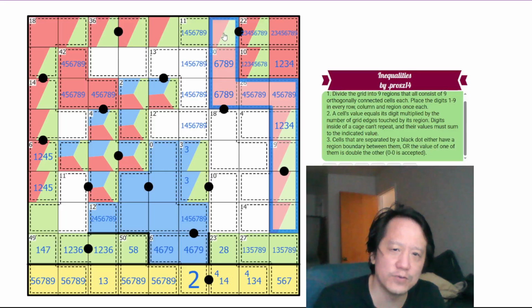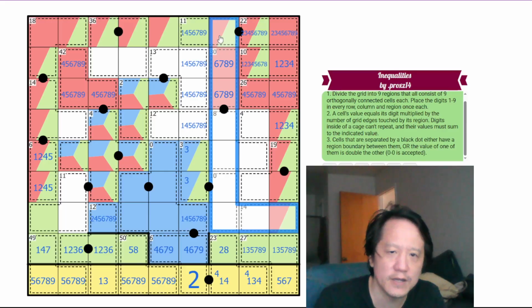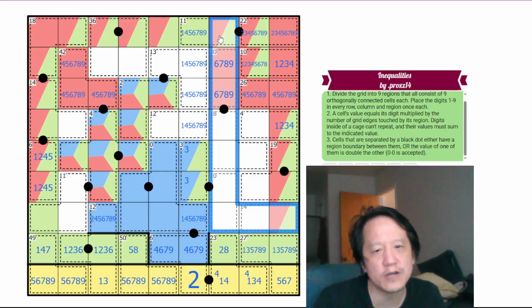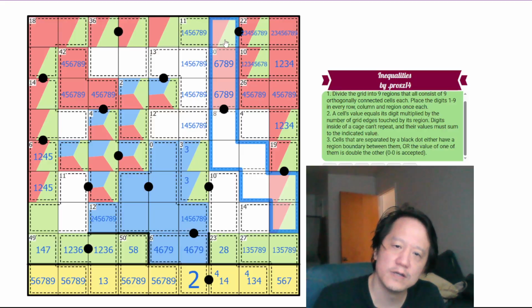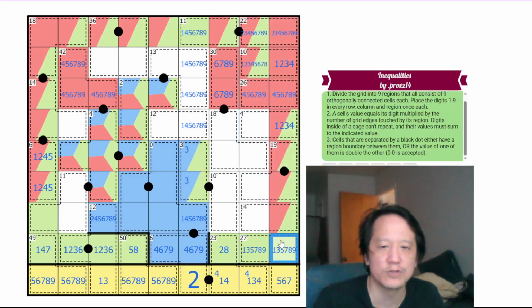So it would have to go 1, 2, 3, 4, 5, 6, 7, 8. Oh, that could work. 1, 2, 3, 4, 5, 6, 7, 8, 9. Sorry, that could work. And then these are touching 2, and this is touching 2. So that could work. This is just too far.